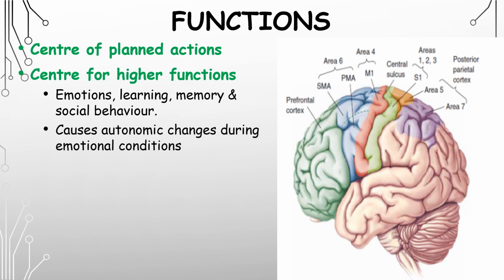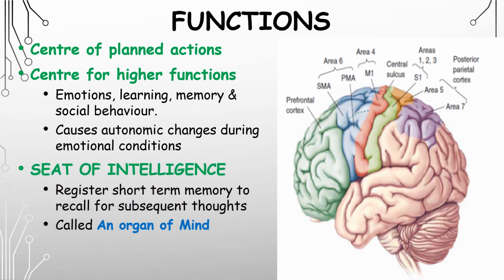And it is also the center for higher functions like emotions, learning, memory, and social behavior. It also helps with various autonomic changes during some emotional conditions, because of the connections it has with the hypothalamus and the brainstem.